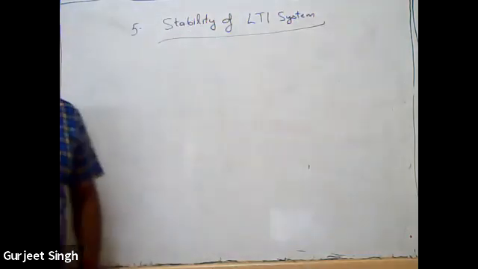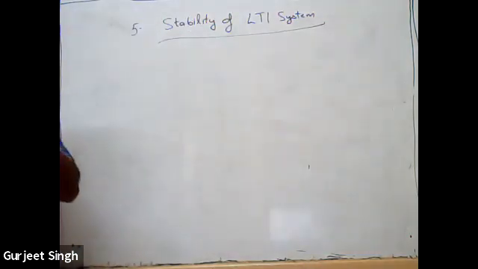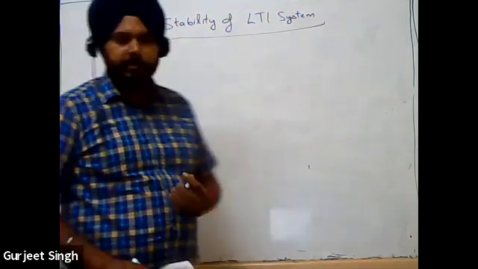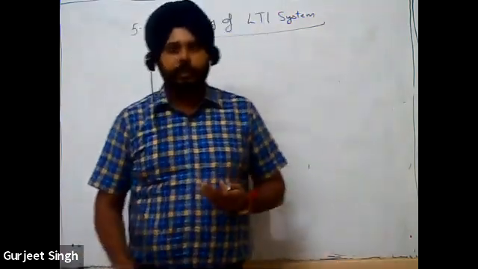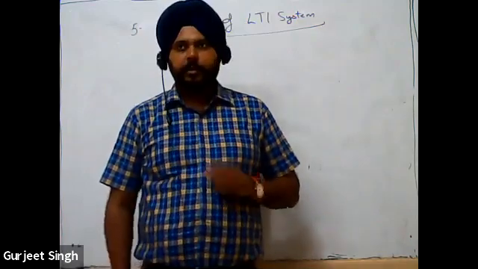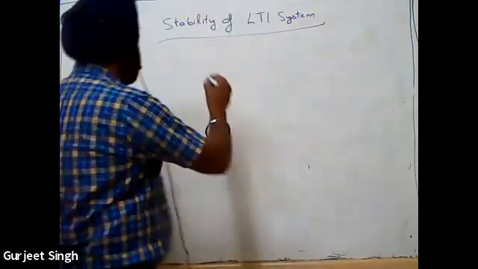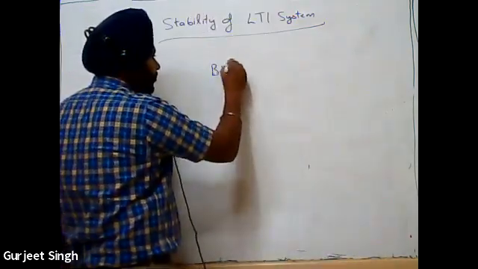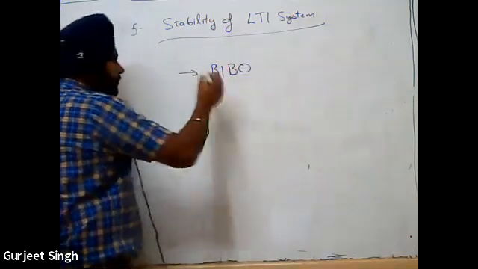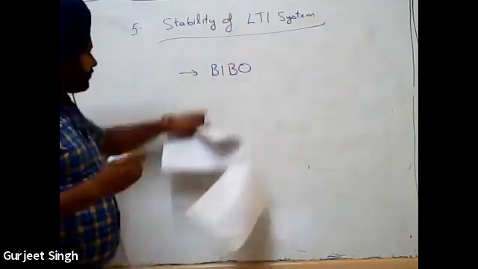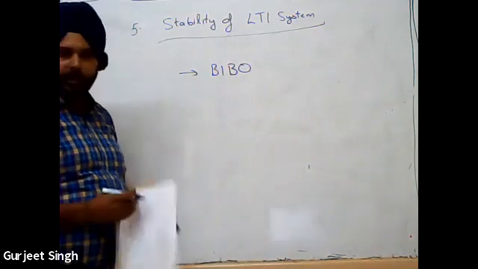If I am talking about a normal system, we can say that our system is stable when it follows the BIBO criteria.